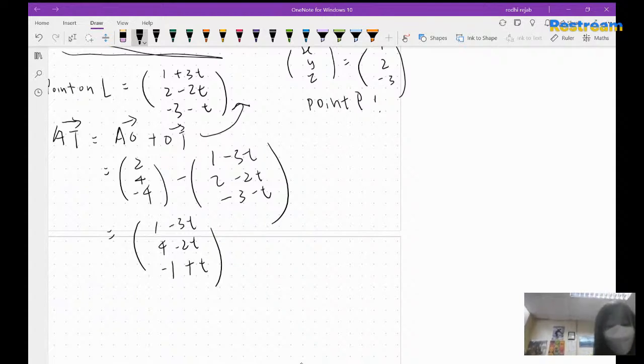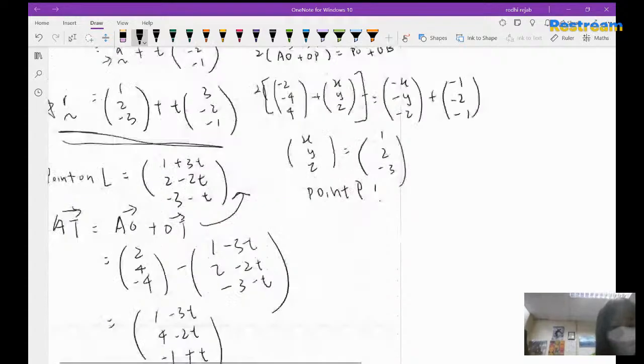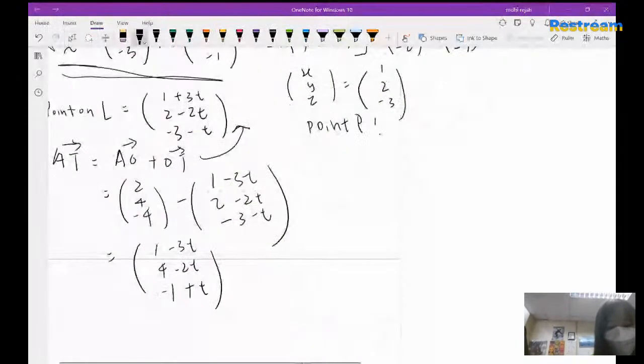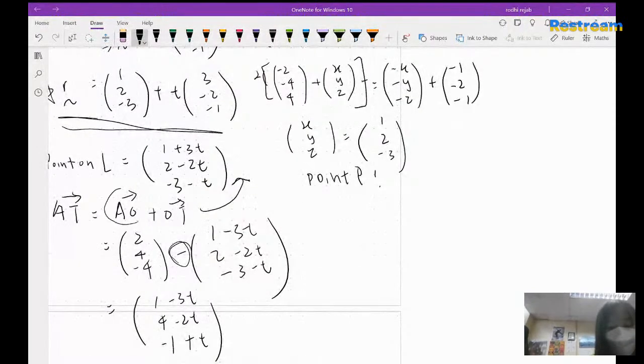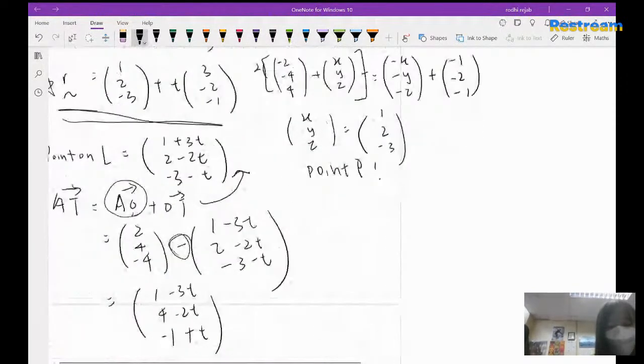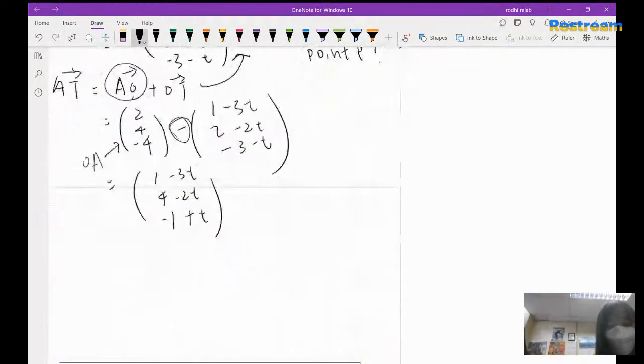So this is our vector AT. Why I'm using minus here is because we are using AO, and now this is OA, so we have to reverse the sign.